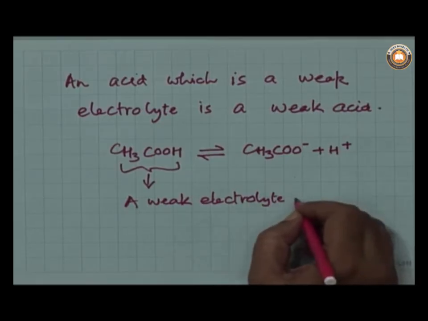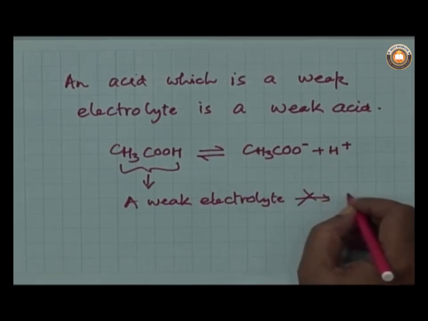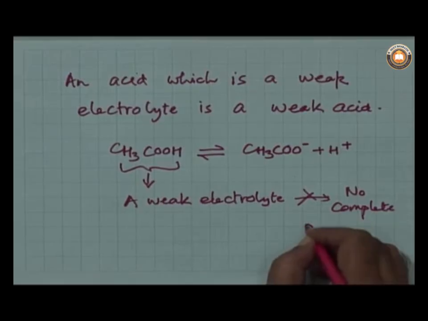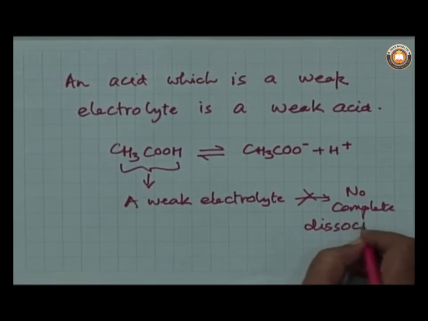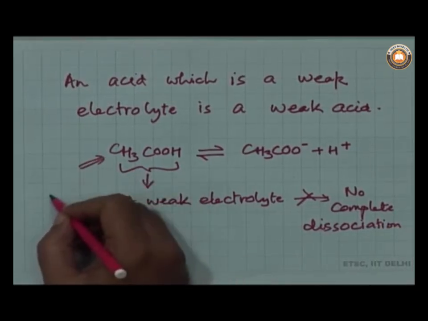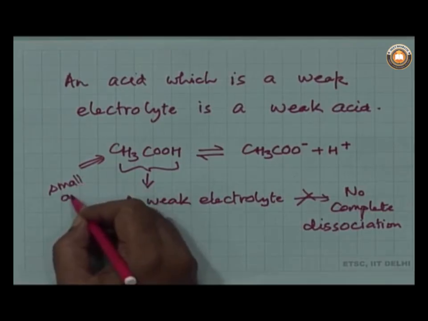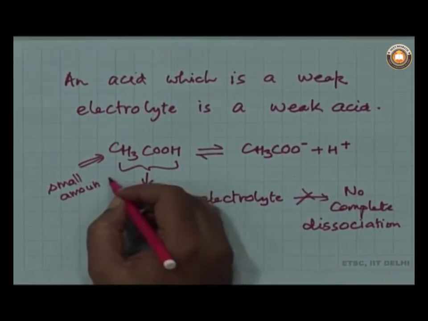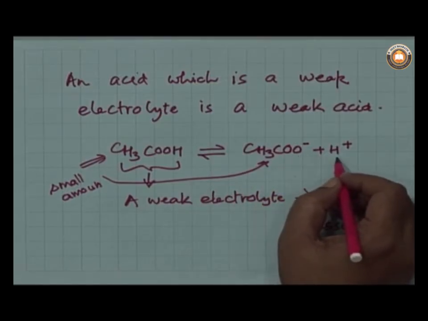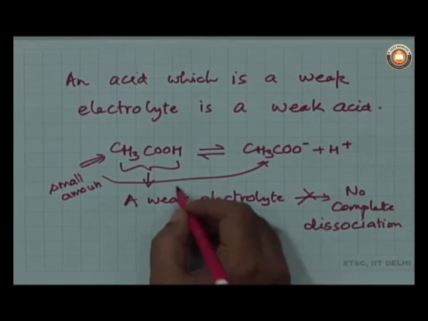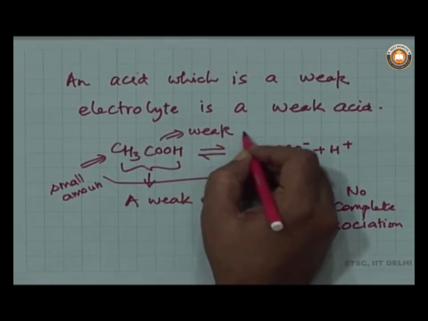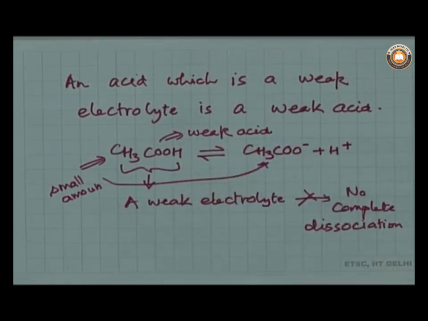It does not dissociate completely. Only a small amount of acetic acid is dissociated into your acetate ion and H plus ion, and that is why acetic acid is a weak acid.